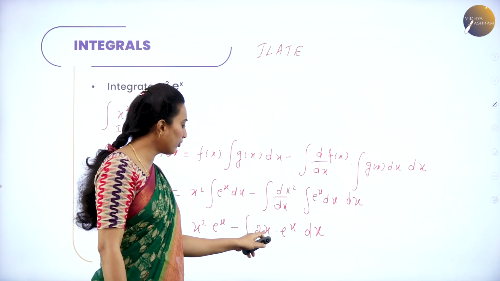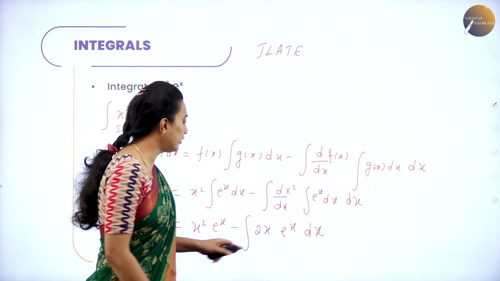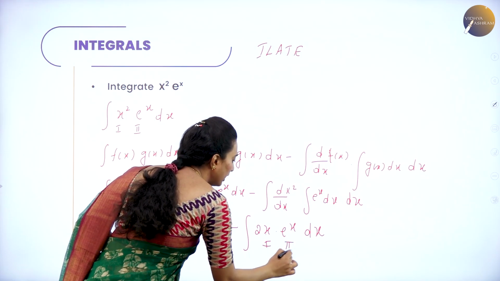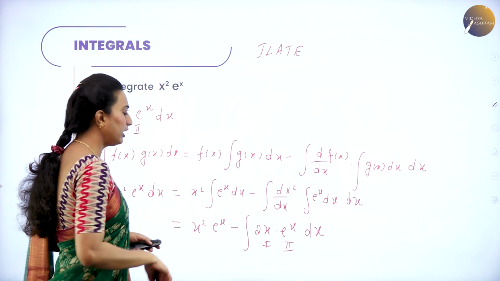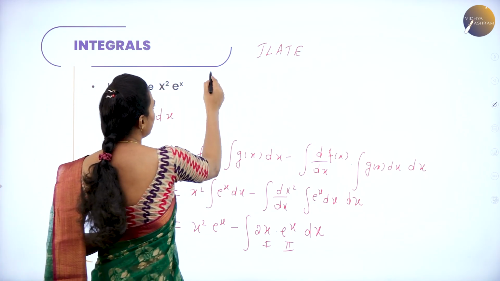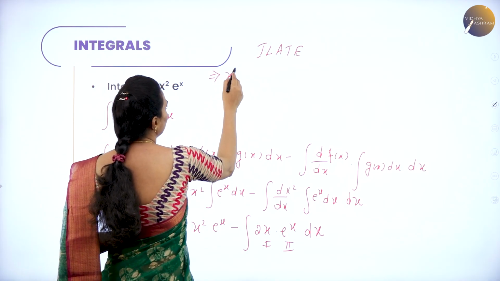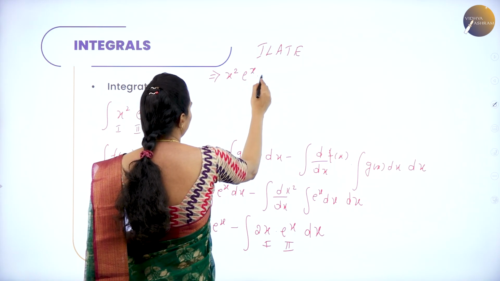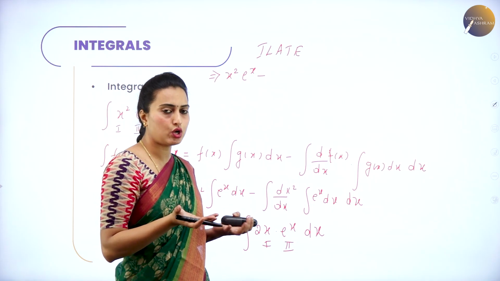Now again this is in the form of algebraic and then exponential. So the first function is the algebraic you are selecting, and the second function is the exponential. So let me write according to the formula: you are getting x squared into e power x minus, first function is nothing but 2x, anyway it is a constant.